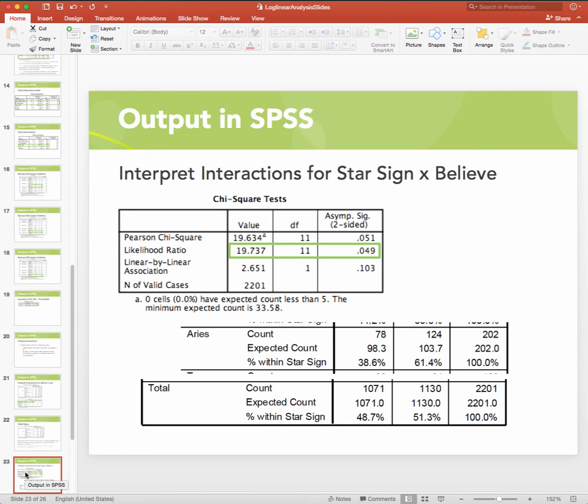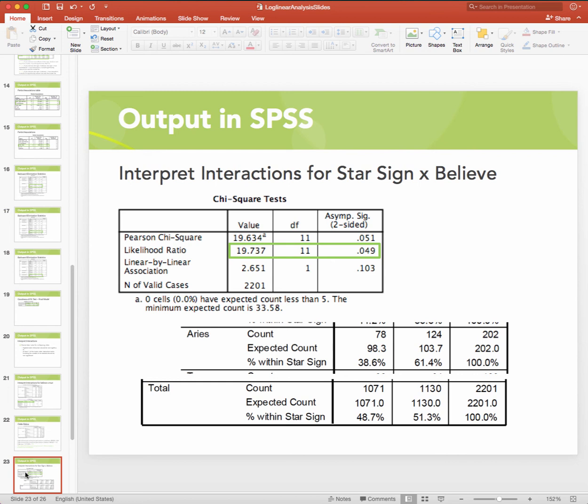Now we can also look at the star sign times belief interaction just by doing a simple chi-square on the star sign and believe, and we ignore the true. So our chi-square is borderline significant. It's 0.049. So it doesn't really make any sense to compute our odds ratio because there are so many star signs. We have 12.